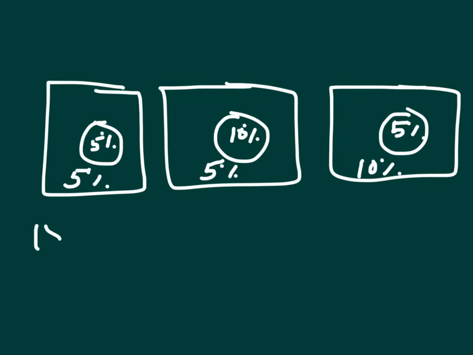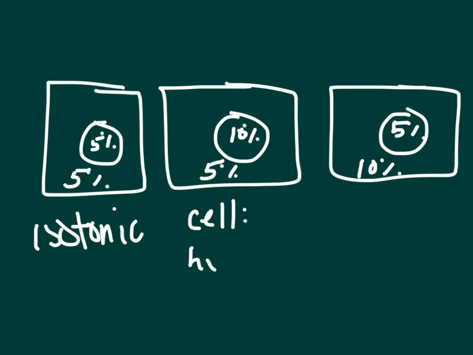So we call that isotonic. Here, we have 10% inside the cell and 5% outside of the cell. So the cell is hypertonic. You have to specify which environment you're talking about. So for the first one, is the cell isotonic? Mhm. And in the last one, the cell is 5% and its extracellular environment is 10%. So the cell is hypotonic.